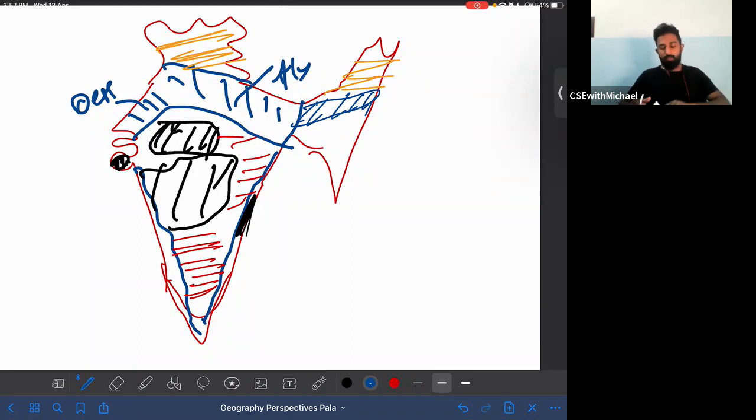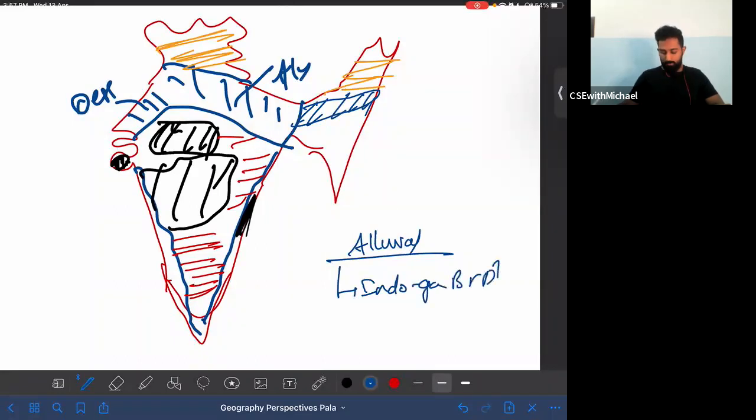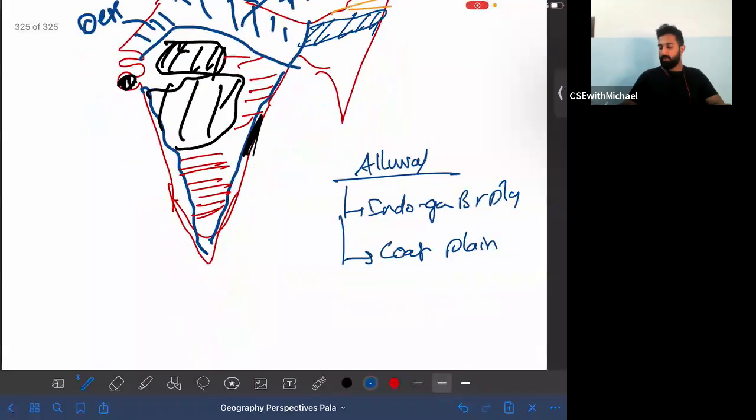So alluvial soil covers about 40% of India's area, distributed along the Indo-Gangetic-Brahmaputra plain, the coastal plains, and also the valleys of peninsular rivers.